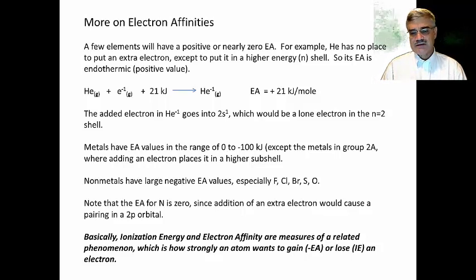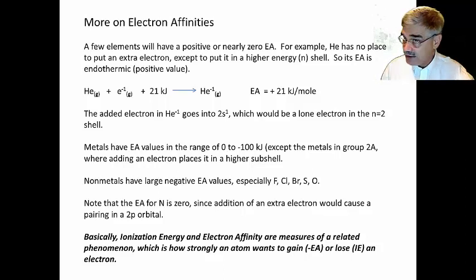And so it turns out that nitrogen doesn't particularly want to gain 1 electron, and therefore it has essentially 0 electron affinity. So basically, ionization energy and electron affinity are measures of a related phenomenon, which is how strongly an atom wants to gain or lose an electron. Electron affinity, gaining; ionization energy, the energy needed to cause it to lose an electron.